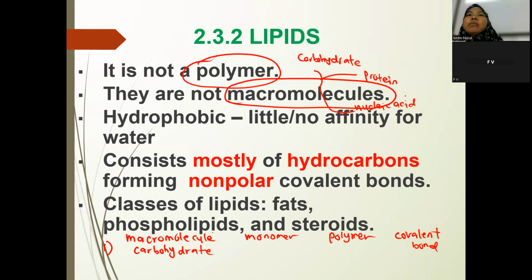Carbohydrate is made of monomers known as glucose or fructose or galactose. All of these we call monosaccharide. Examples of monosaccharide: glucose, fructose, and galactose.